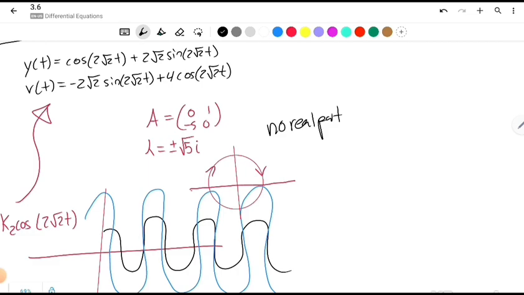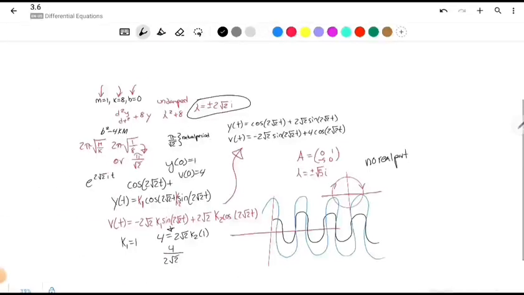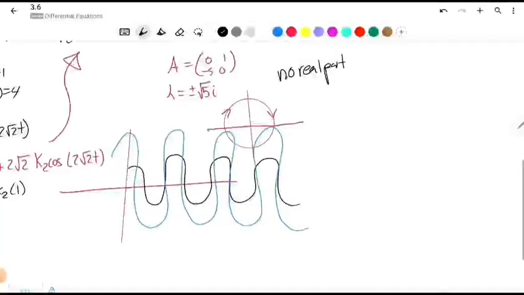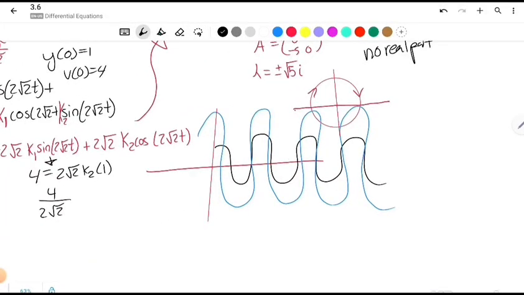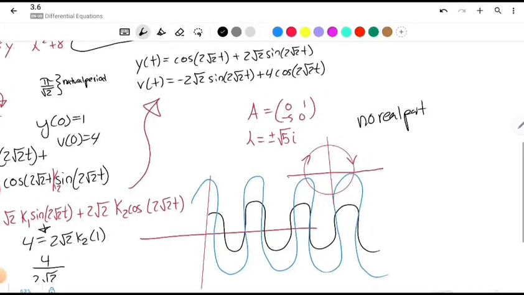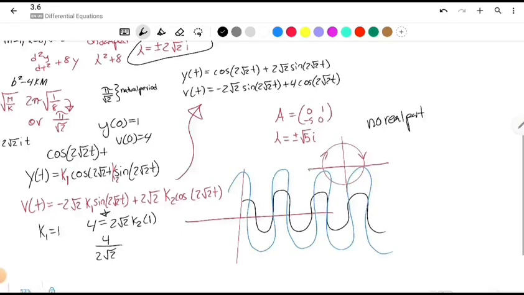So that's a good little review of natural period, undamped, underdamped, overdamped. This down here at the bottom is our y of t versus v of t graph. I think this kind of makes sense. You can see that v of t is larger, and y of t is this smaller black line. The blue line is our v of t.